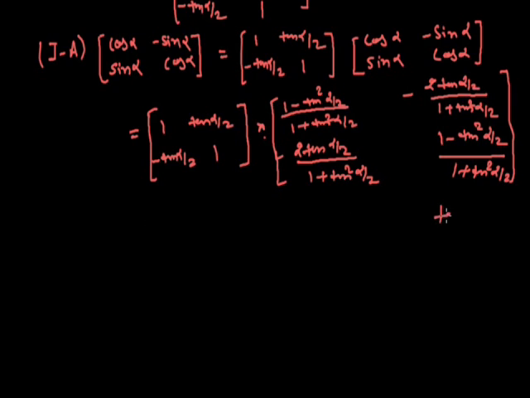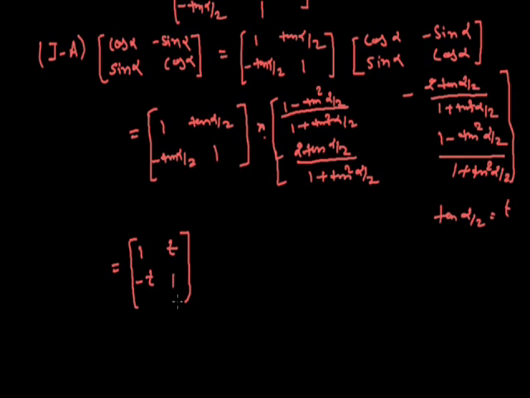Now let's consider tan alpha by 2 equal to t. Now it is simple for us to simplify this. So I have considered tan alpha by 2 equal to t. So 1, t, minus t, 1.